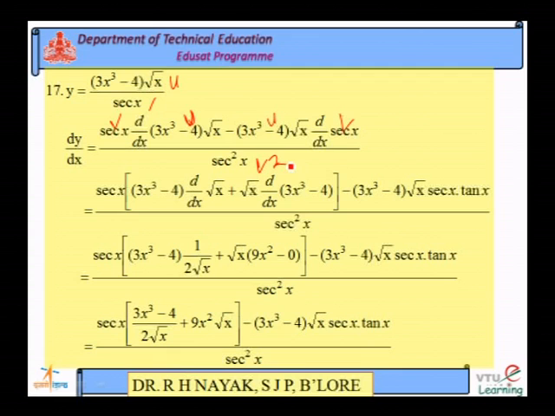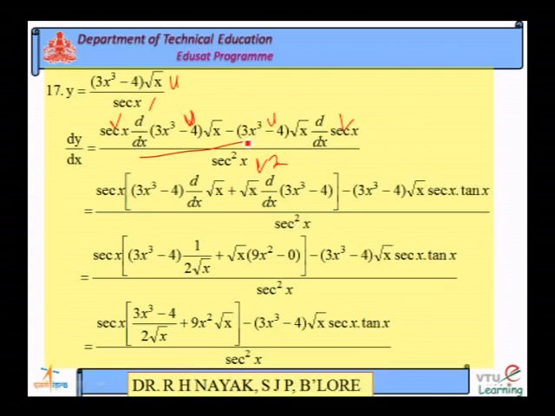Keep secant x as it is, find differentiation of the terms. Here we have again a product of two functions. What is the product? 3x cube minus 4 into root x. We have to take it again as the product rule, that means u into v.